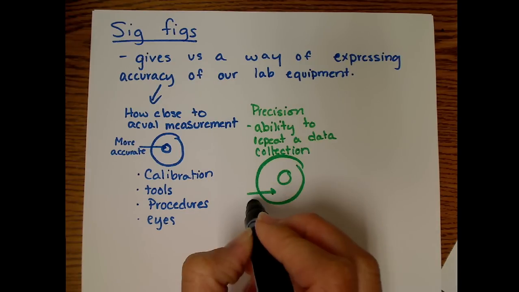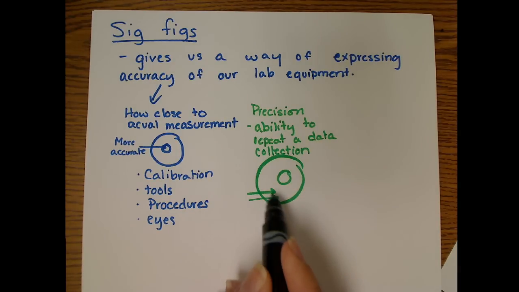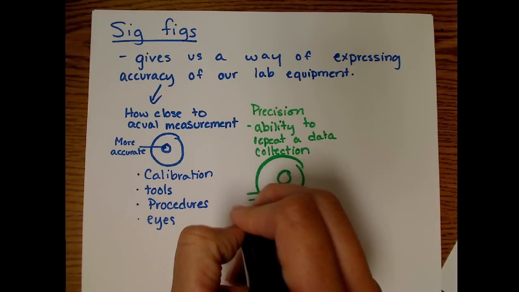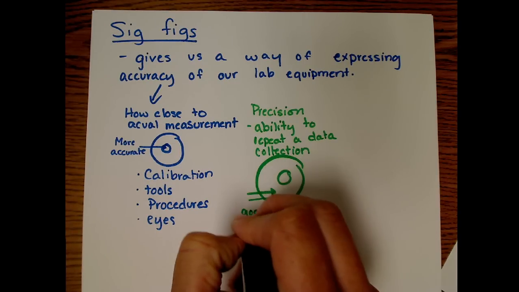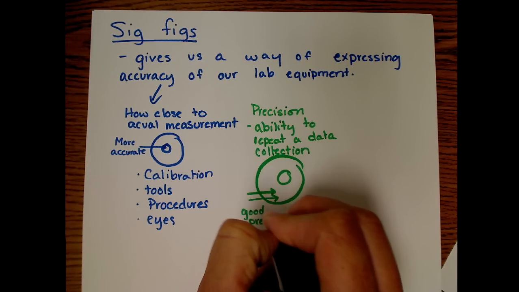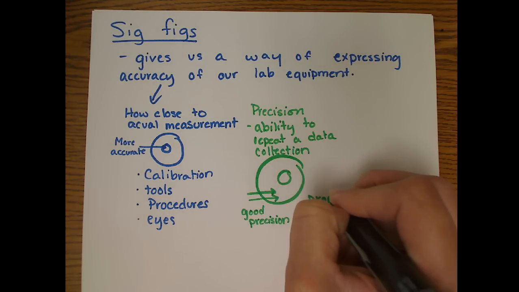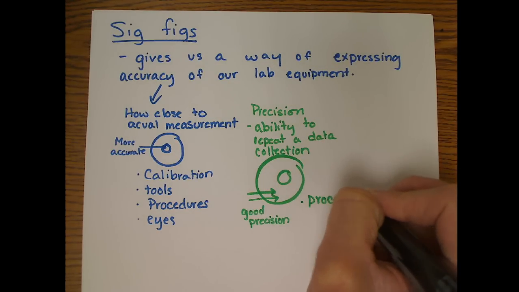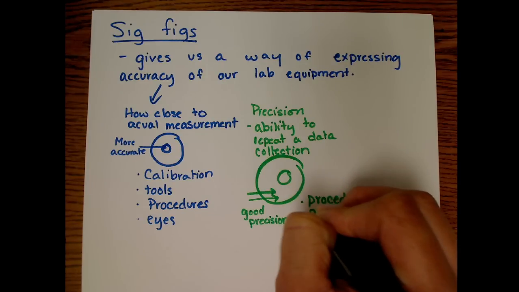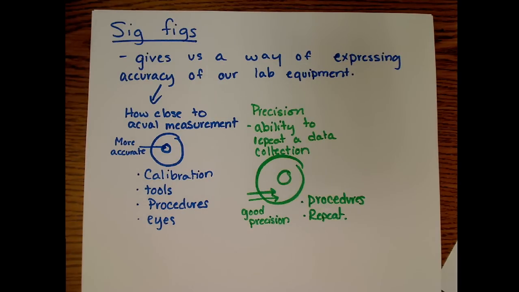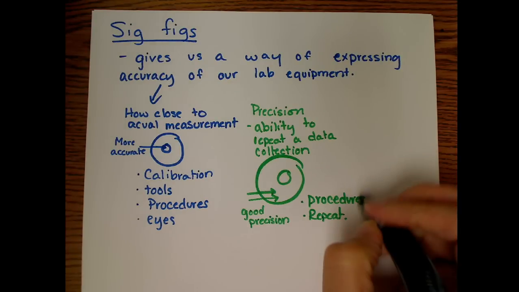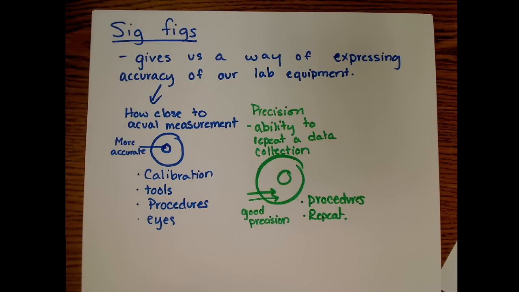If I shoot another arrow and it lands here, the precision between these two, they're very close together. Okay, so here I would have good precision. Do I have good accuracy? No. Okay, so this goes a lot with our procedures as well and our ability to repeat. It can also depend on how clean our equipment is, various things as well. Repeat procedures. Okay, all right, so let's go into sig figs.